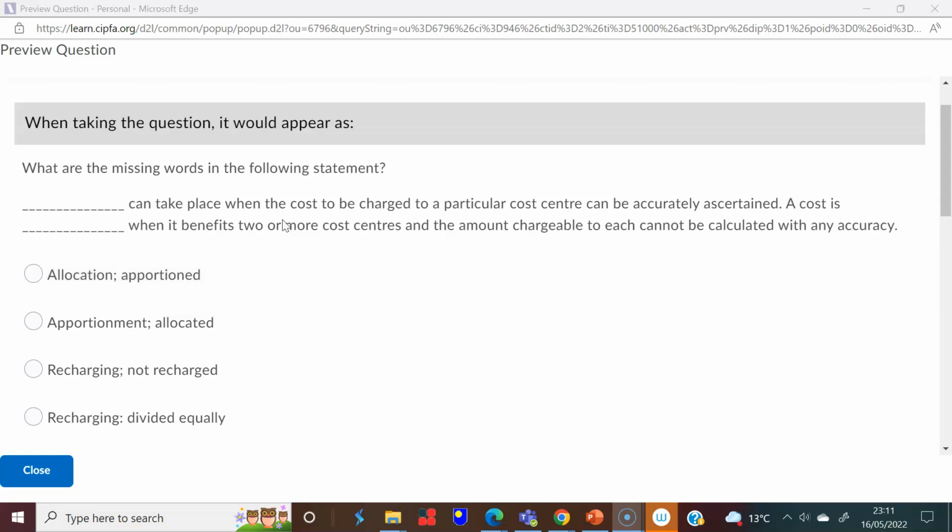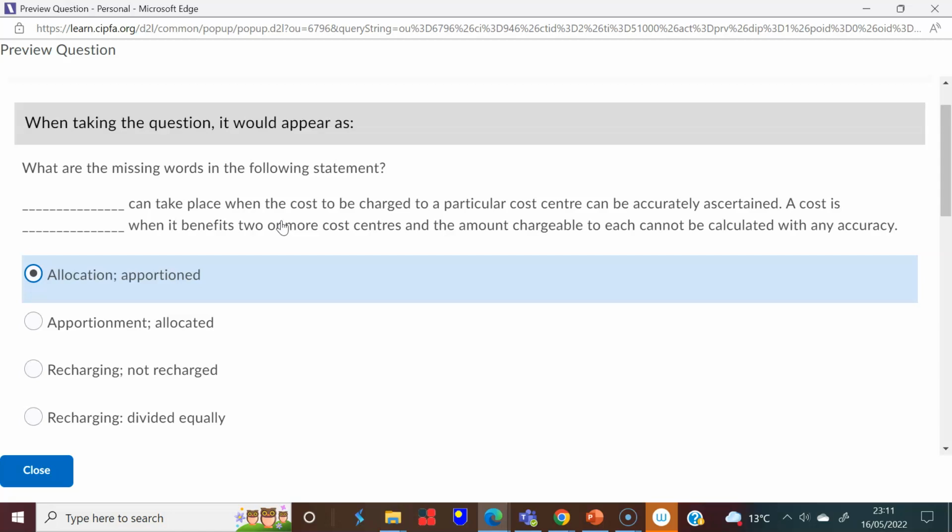And when we have to share that cost, because we're not quite sure, like rental space, because you have two departments in the same area, we are apportioning. So the answer here is allocation and apportioning. That's really the principle. So direct mapping, allocation, and when we have to share, apportioning.